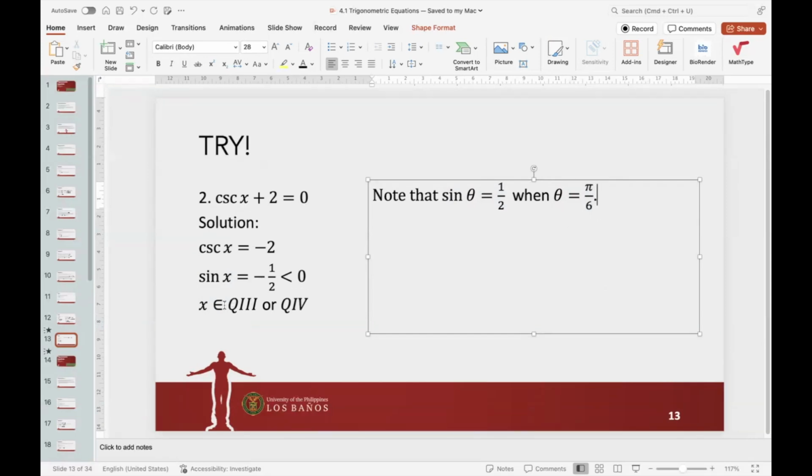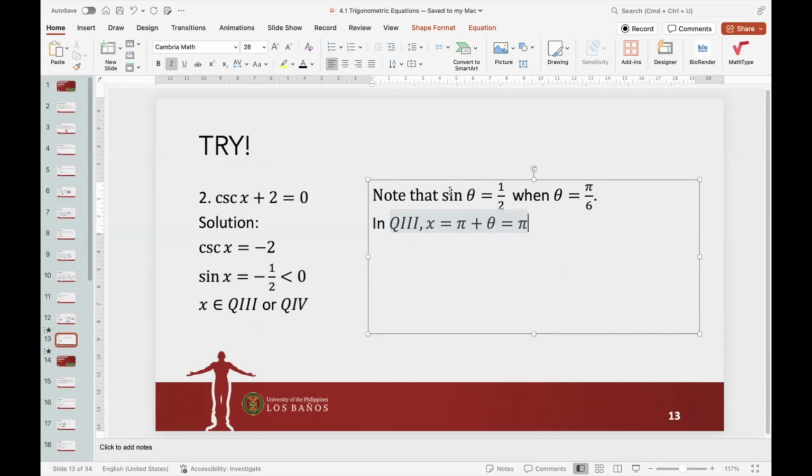Now we want to get its counterpart in the third quadrant or in the fourth quadrant. So in quadrant 3, in order for us to get the value of x, the formula would be pi plus your reference angle theta.